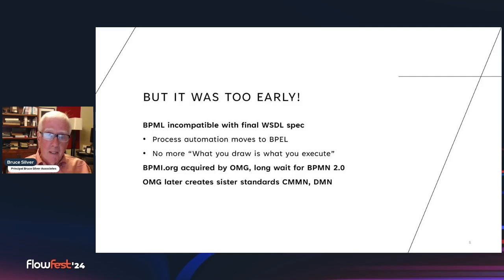To maximize its appeal to business, BPMN took on the look of swim lane flowcharts, which were already widely used. And now BPMN promised what you draw is what you execute, which excited application software vendors who are always looking to engage the business side in support of their projects.